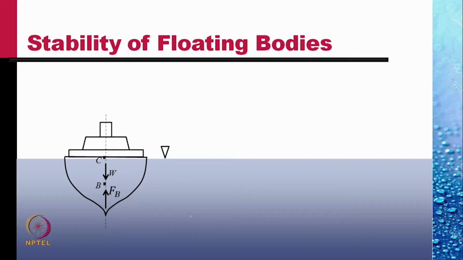Let us consider the ship which is floating in equilibrium in an ocean. There is a weight that acts at the center of gravity, C, and the buoyant force which acts at the center of buoyancy, B. The center of buoyancy is at the centroid of the displaced water. So that is below the waterline, the volume of the ship below the waterline.